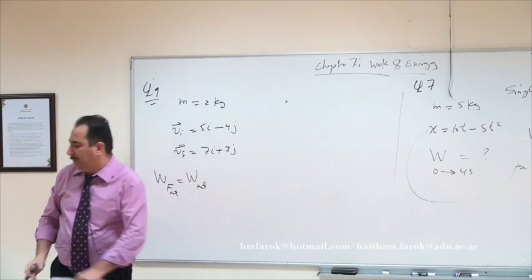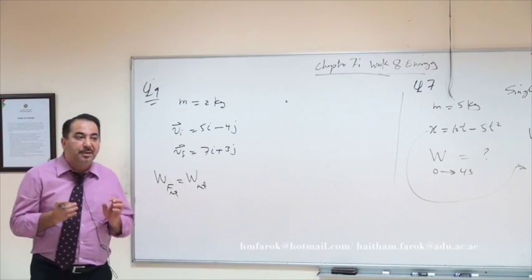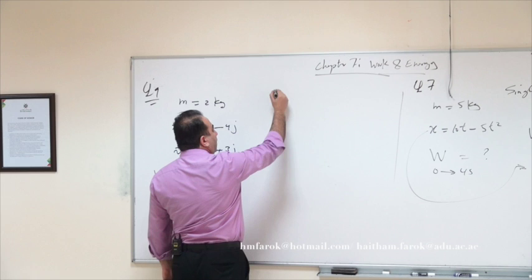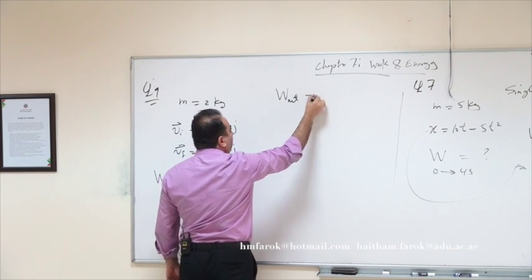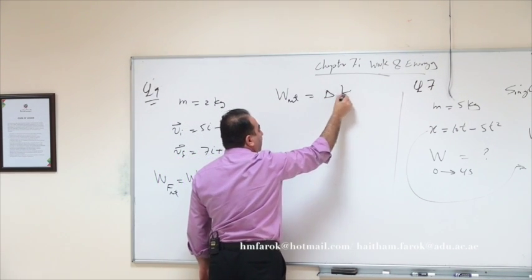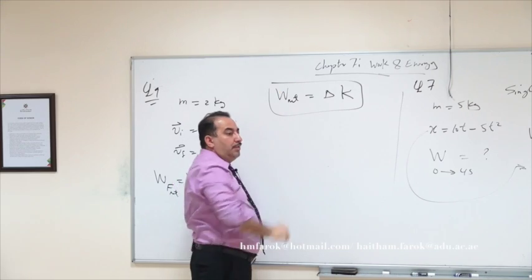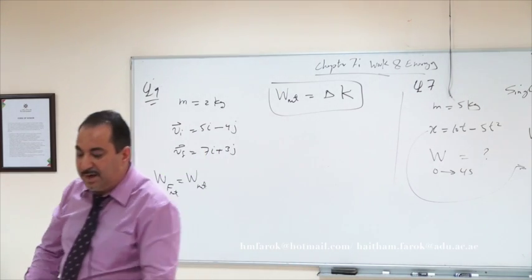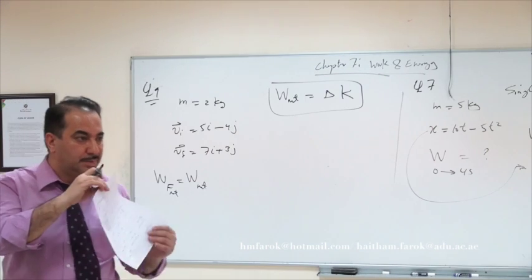Okay. Now remember, chapter 7 is based on a theorem which says W net is always equal to the change in kinetic energy. Now on the formula sheets which I gave you for the final exam, make sure you are familiar with where to find the formulas.